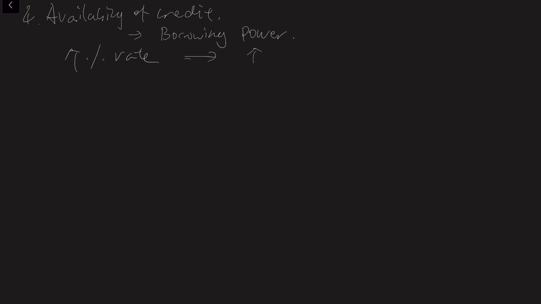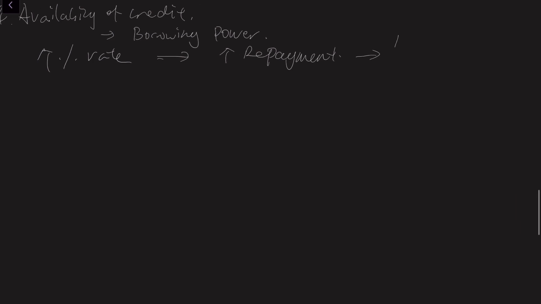So the next one is the availability of credit. So this is your borrowing power. So an increase in interest rate means more repayment, as we have already discussed. And because you need more repayment, you have less ability to borrow money for the same income.